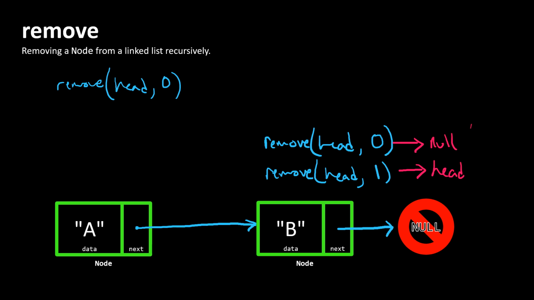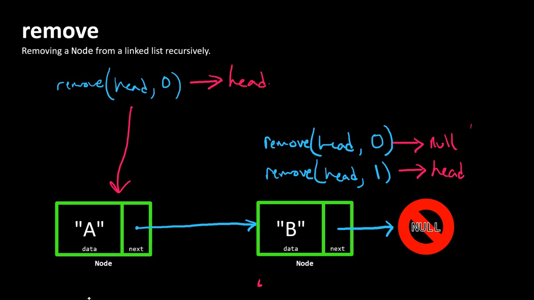Well, what do we do? In this case, what we expect to get back is a list whose head is going to be B, right? If we remove A, we expect back a new list whose head is B, right? And so how do we get a reference to this node? Well, if our head is here, we can say the new head of our list is going to be head.next, right?